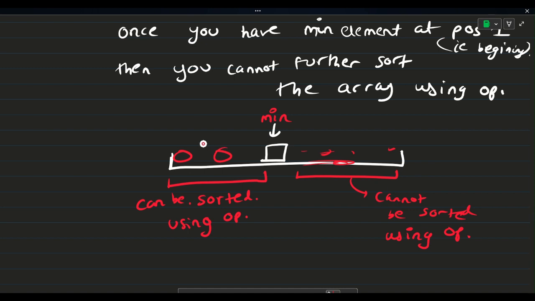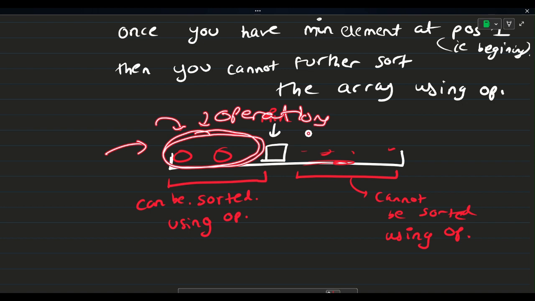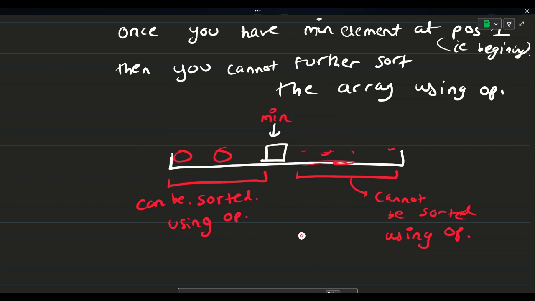So basically, if this part of the array is not sorted, then we can perform operations on it, and after the operations the array would become sorted. This part of the array would become sorted, and talking about this part, this must be sorted.